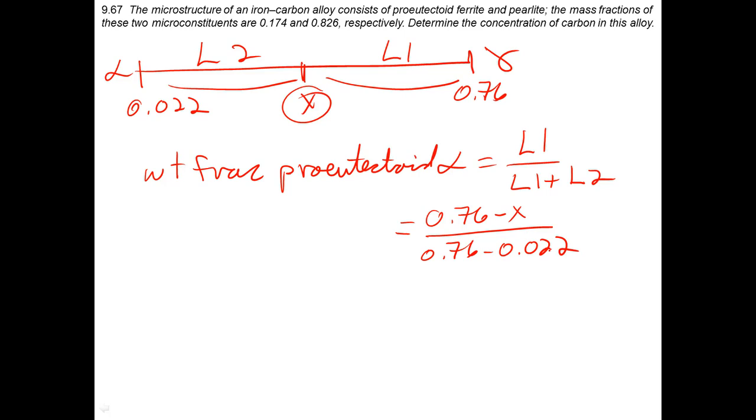But I'm given that the mass fraction of the pro-eutectoid ferrite is 0.174, so I can solve for x, the unknown system composition.